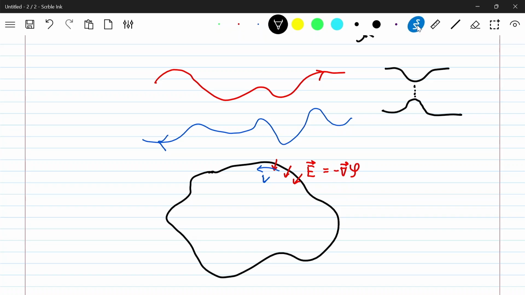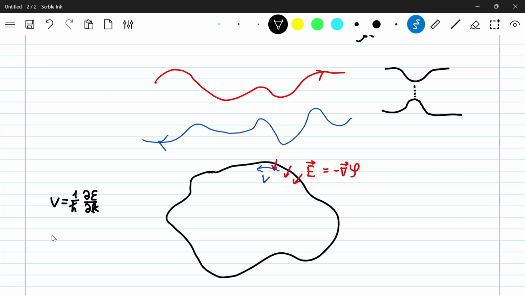Okay, so let me write down an expression for this velocity. Initially, it was a group velocity, which is defined as a derivative of energy versus some k, where k is a quantum number that describes the momentum along the edge.